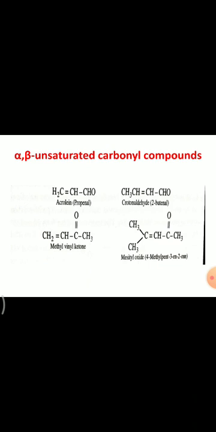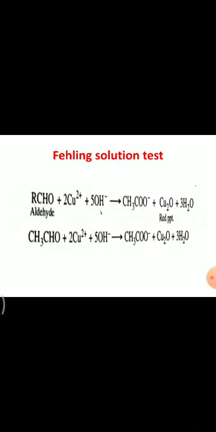This is about the analysis of aldehydes and ketones. That means the presence of aldehydes and ketones we identify by the 2,4-DNP, 2,4-dinitrophenylhydrazine test. If it gives a yellow precipitate, the presence of aldehydes and ketones is confirmed. And the second test is the haloform test.